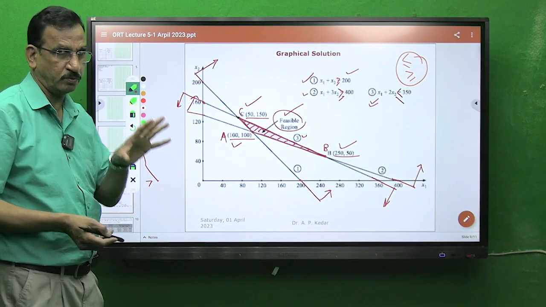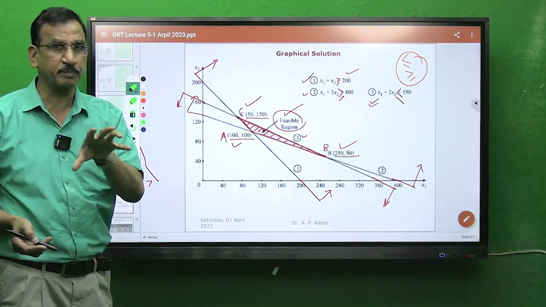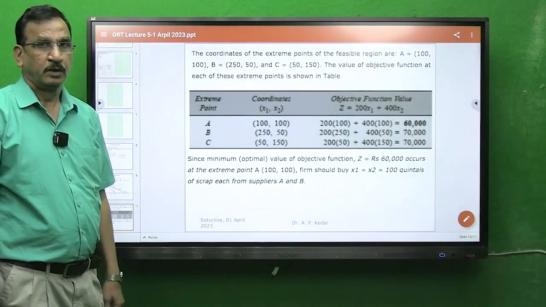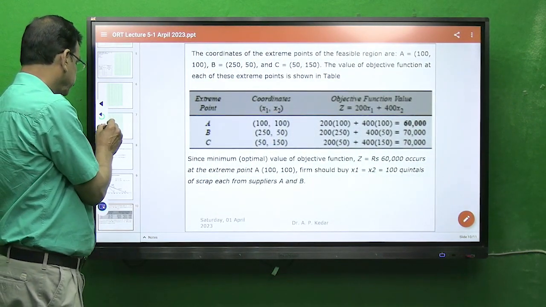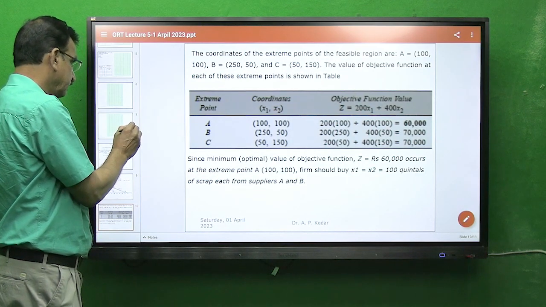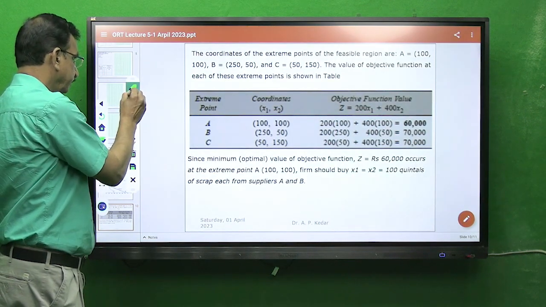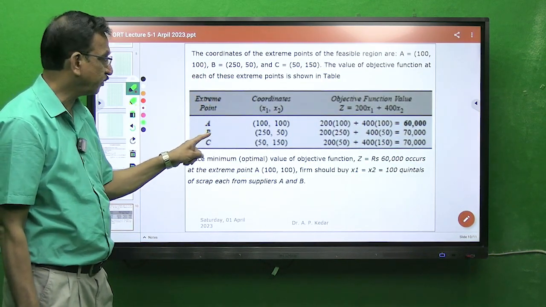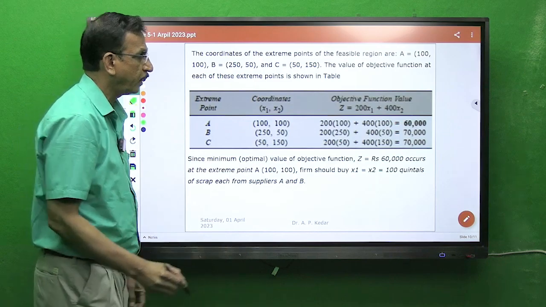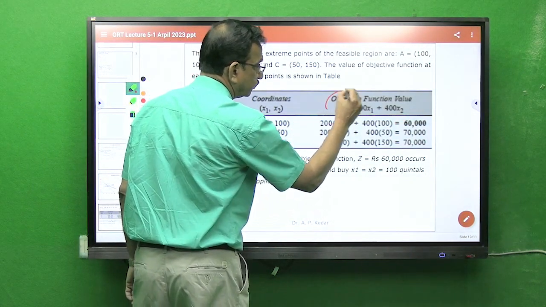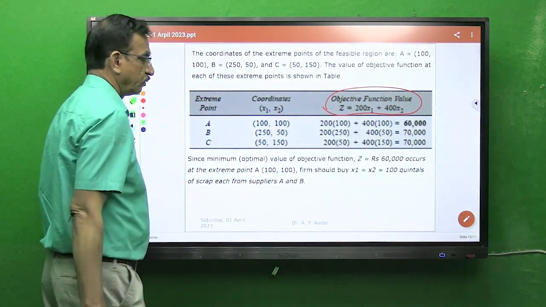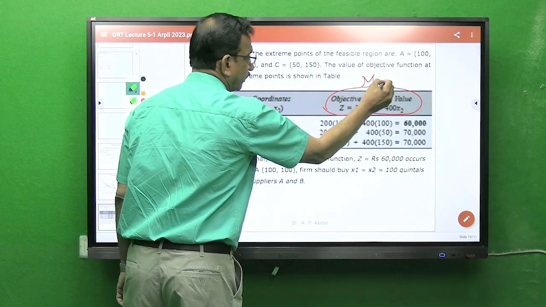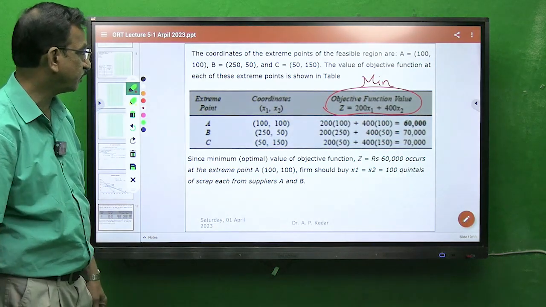Again, we will make a tabular representation, as we did in previous cases: extreme points, feasible points, coordinates for those points, and the values to be computed from the objective function, minimize, that is given in the problem.